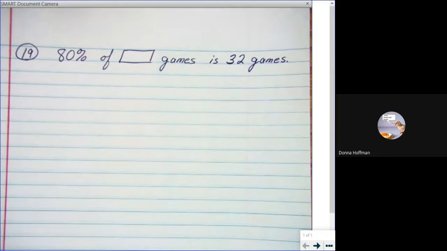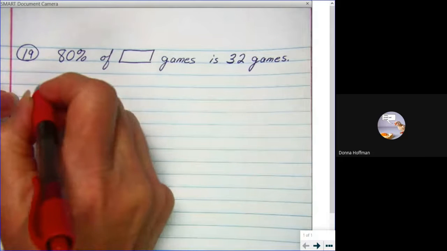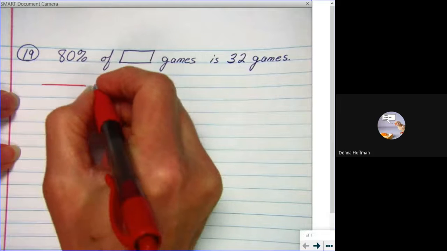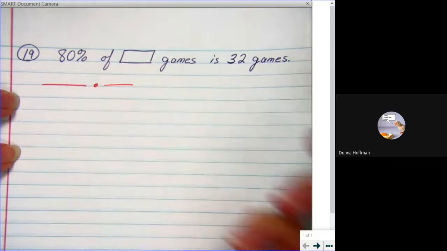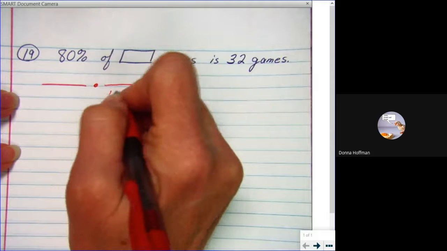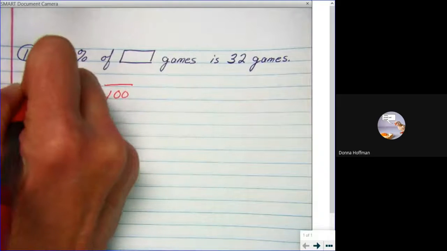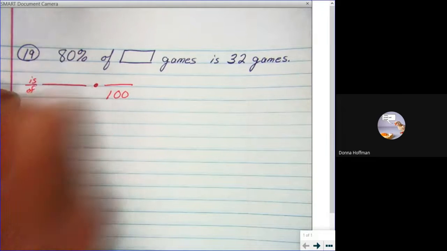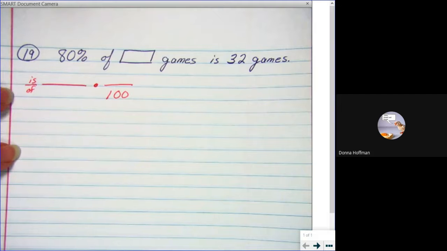80% of some number of games is 32 games. Ooh, that line's like crooked, whatever. Come on, Jalen, stay focused.